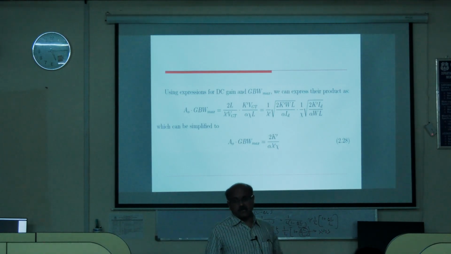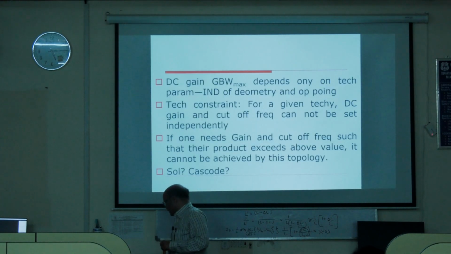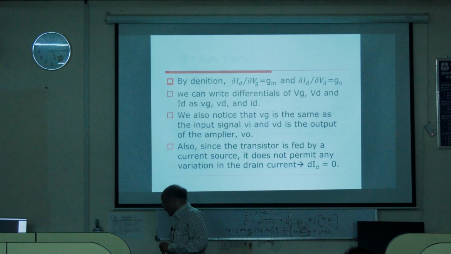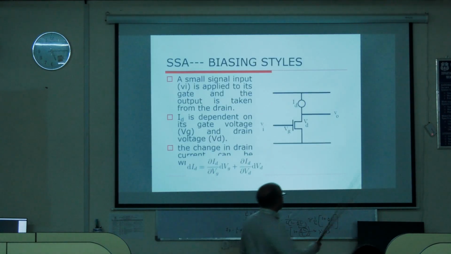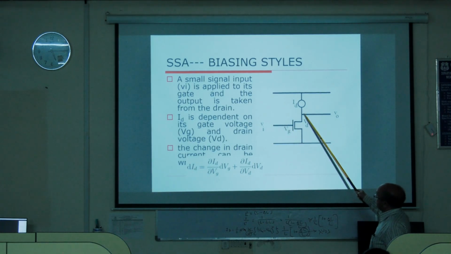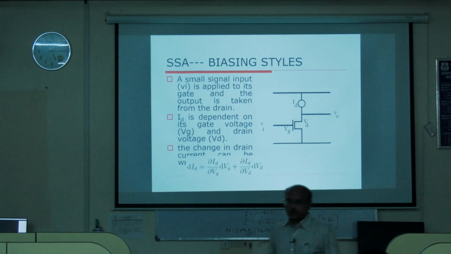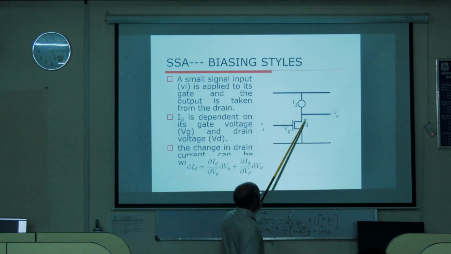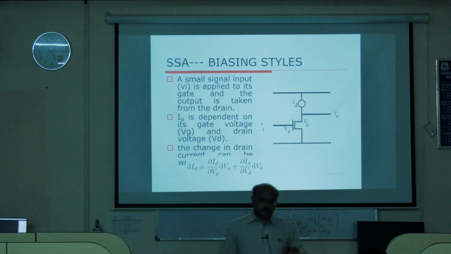Not only that, in the common source amplifier you can also see that between the gate and the drain there is CGD. I am taking the output here, and this is the input, but between the output and the input there is an impedance in terms of capacitance.